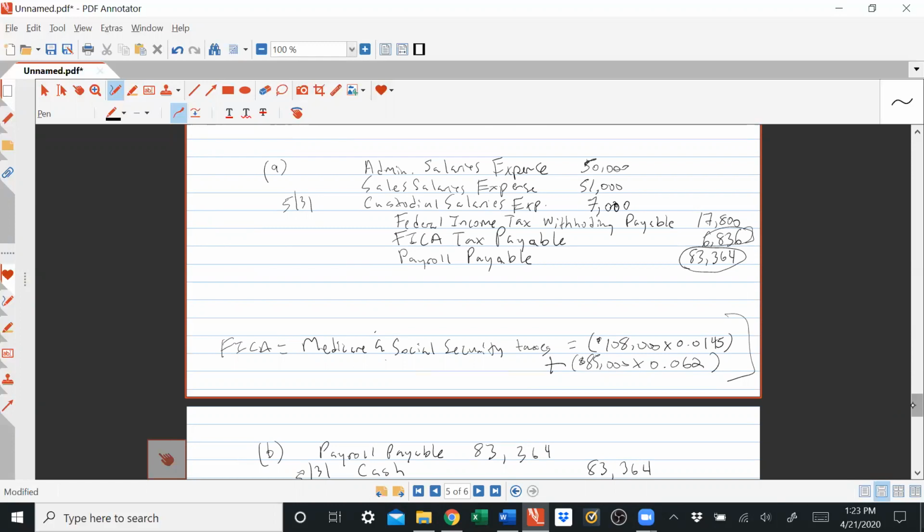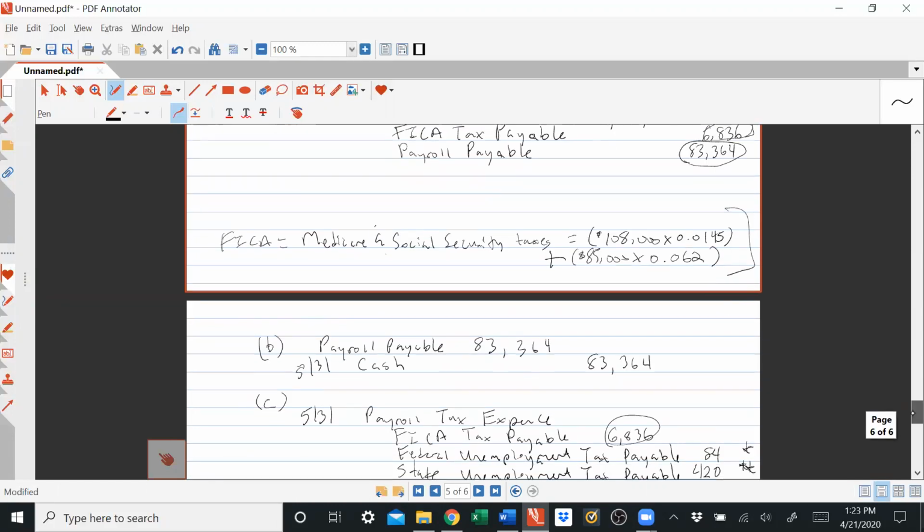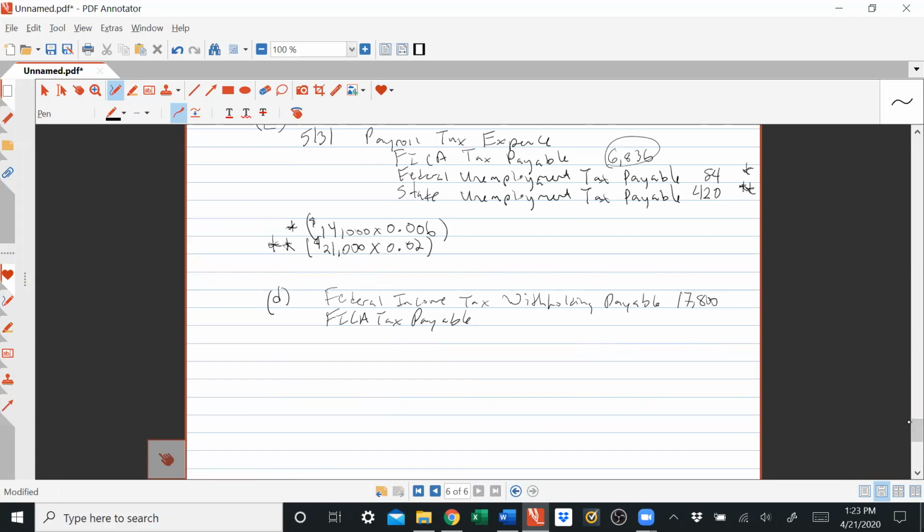Since we credited it twice for that, we can just debit it for 2 times 6,836. We just want to make one journal entry, 13,672. We can debit the unemployment taxes payable and state unemployment tax payable.